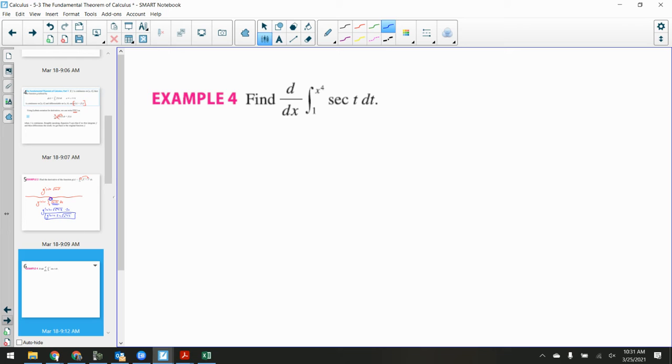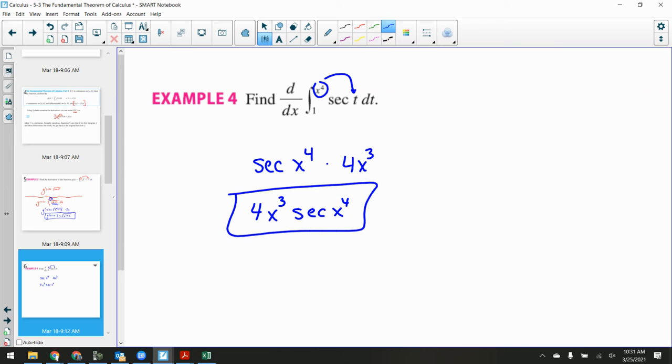Well, so if I want to find the derivative, well, that's just going to be plugging that in. So secant x to the 4th times what? 4x to the 3rd. Right? So I'll just put it in front because that's how we normally write it. There's my answer. Yeah, g prime.